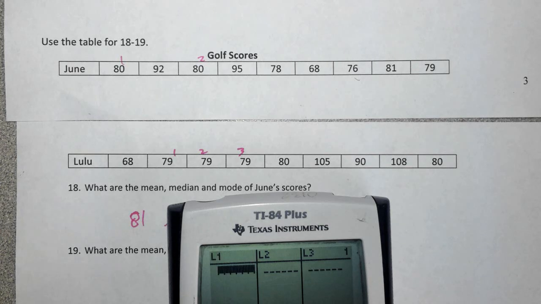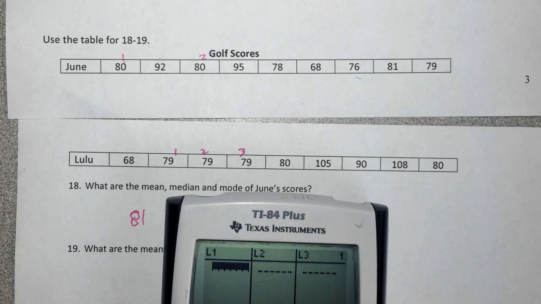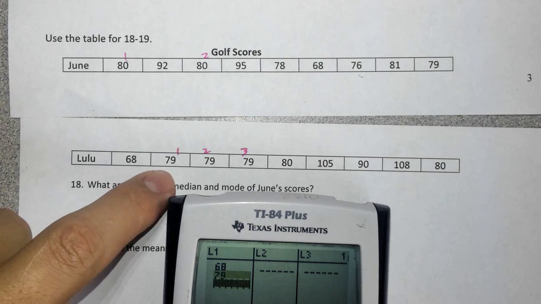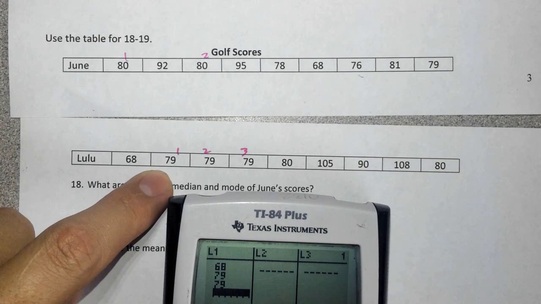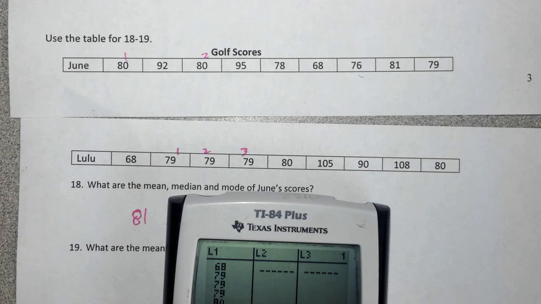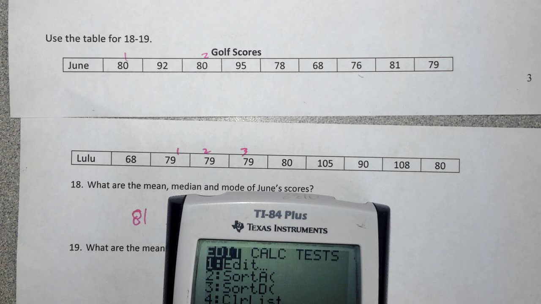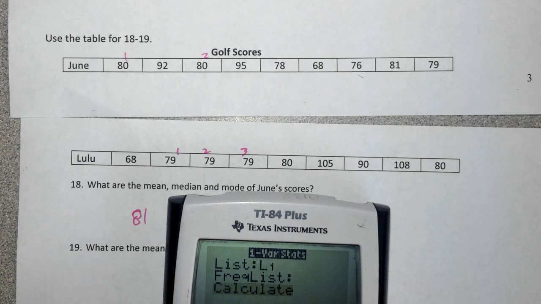So we're going to clear that off and put Lulu's scores in here. 68, enter, 79, enter, 79, enter, 79, enter, 80, enter, 105, enter, 90, enter, 108, enter, and 80, enter. Okay, got all 9 in there. Stat, calculate. Oh, y'all can't see that, sorry.